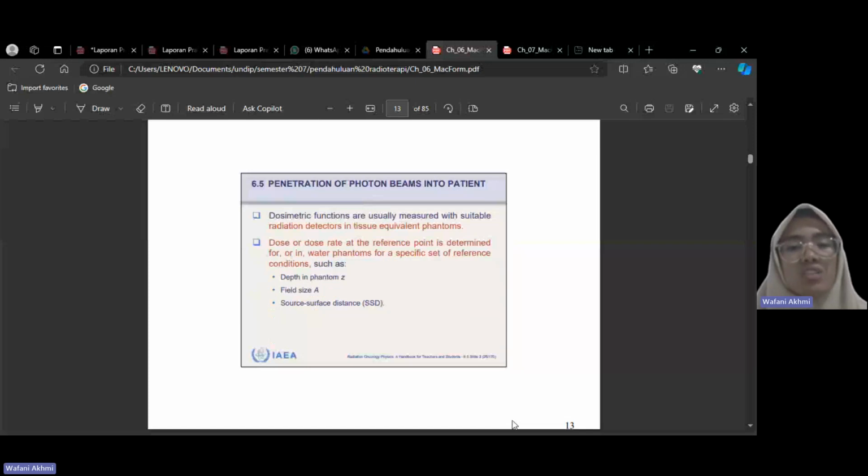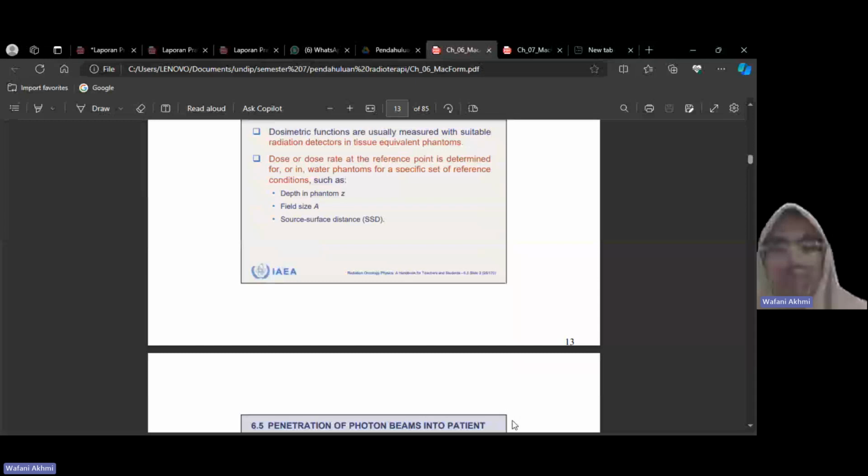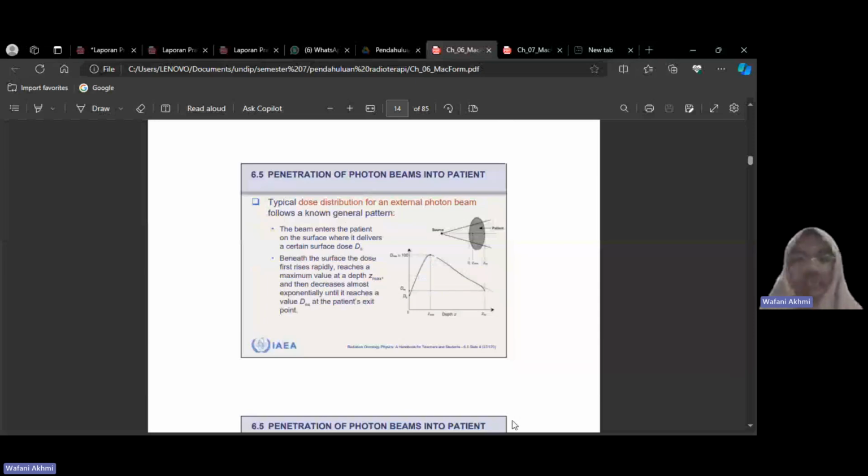Metric functions are usually measured with a suitable radiation detector in tissue equivalent phantoms. Dose or dose rate at the reference point is determined in water phantoms for a specific set of reference conditions, such as depth in phantom Z, field size A, and source surface distance or SSD. Dose distributions for an external photon beam follow a known general pattern.